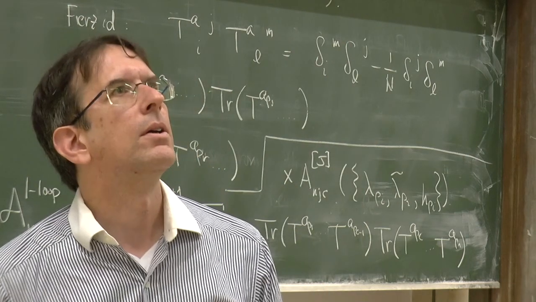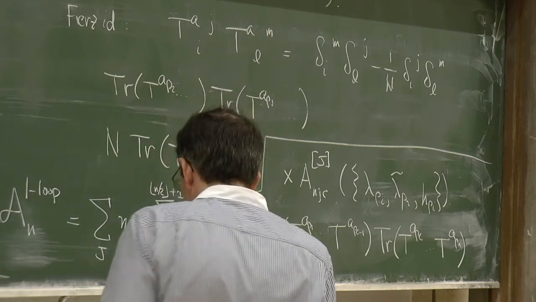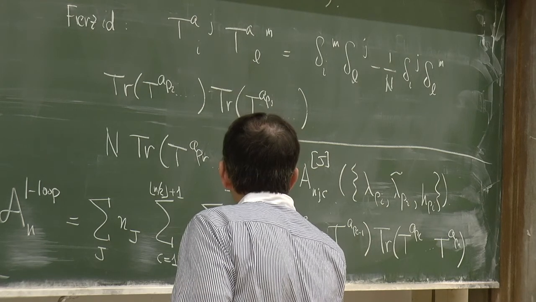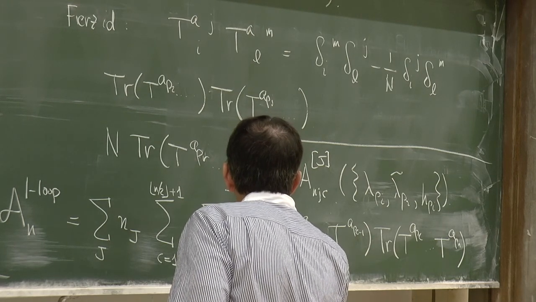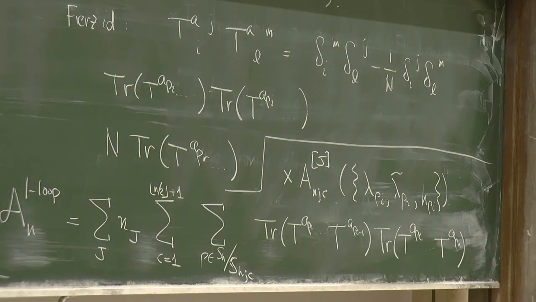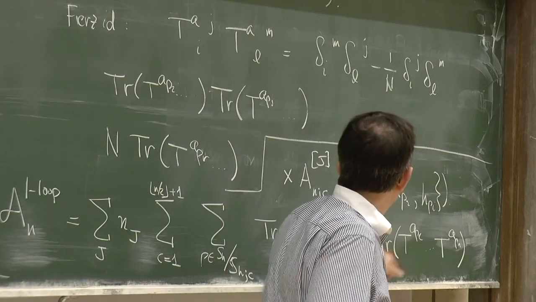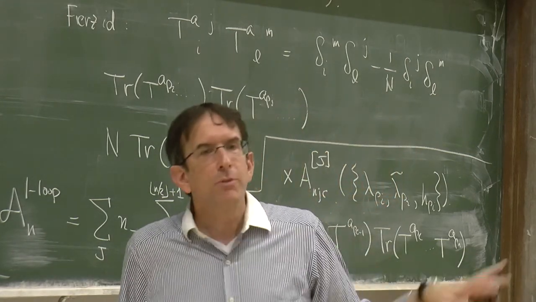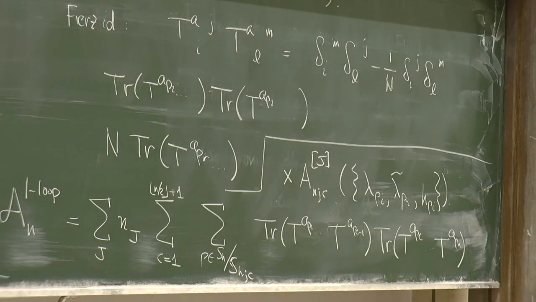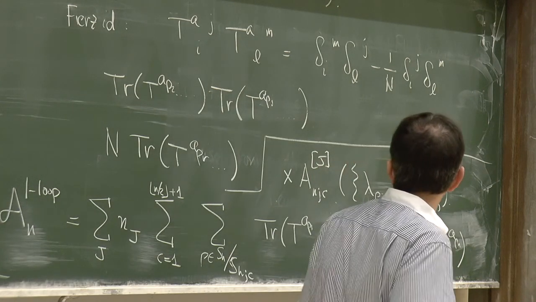I just want to know what's the group that's modding S_n? So what I've written here, and I apologize if it's hard to read my handwriting, I'm trying to rewrite that again. I've labeled it S_{n;C}. And what that group is, it's the set of permutations that leave the given trace structure invariant. And of course, that group is different for different traces depending on how you divide up the set of labels into the two traces.